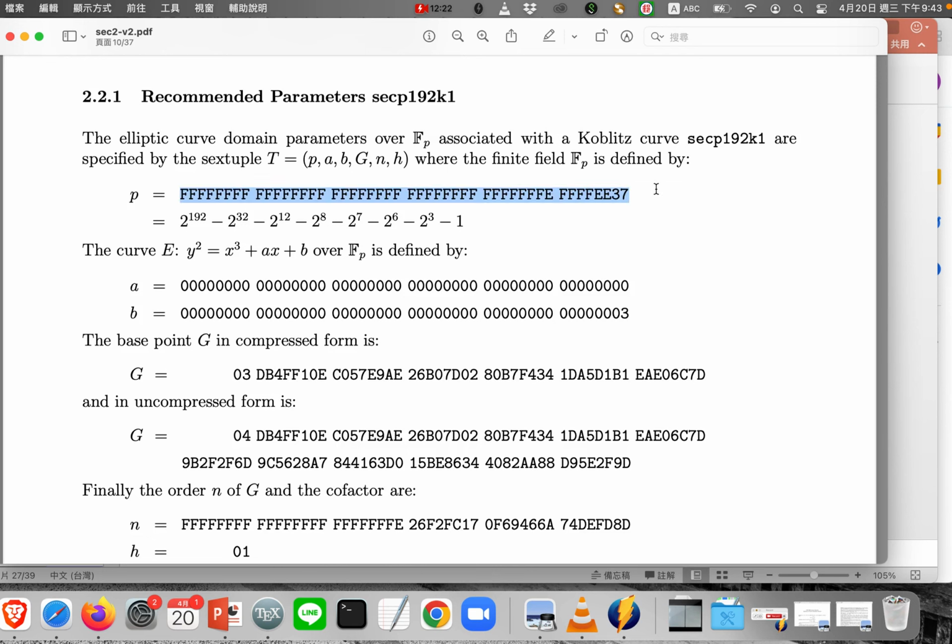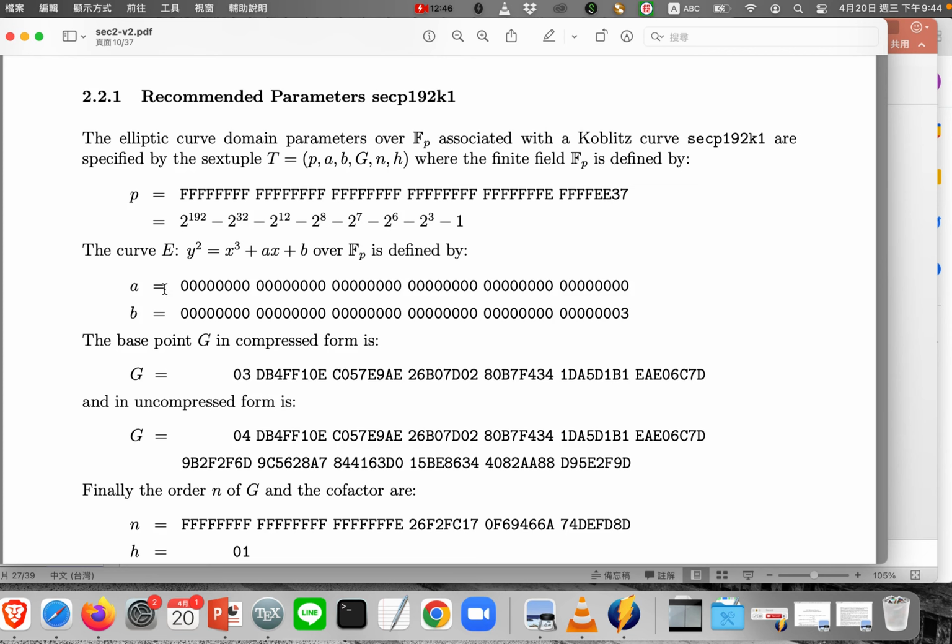Usually we choose certain parameters, and we prefer those parameters that look better because that will be easier to represent. These are all hex terms. This is P, and it's equal to this number.